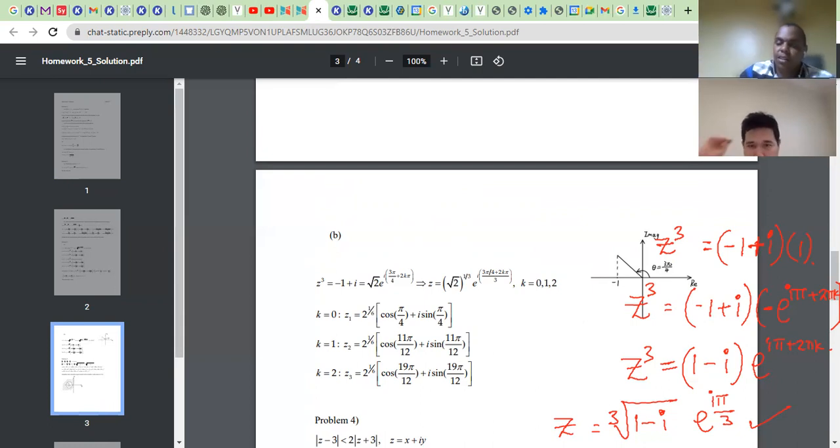So you have to graph it first. You see the vector -1 plus i, you have to graph it. -1 and then i, and then you use that angle to create your exponential formula. Okay. The angle theta changed. Yeah.